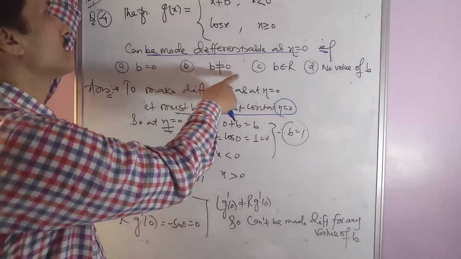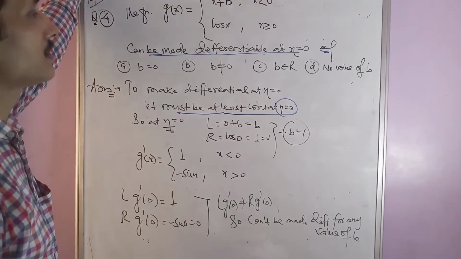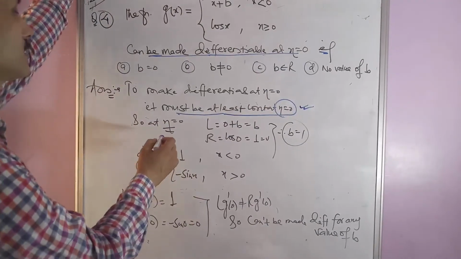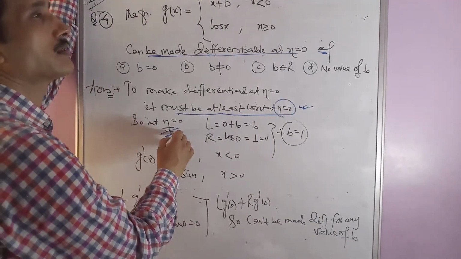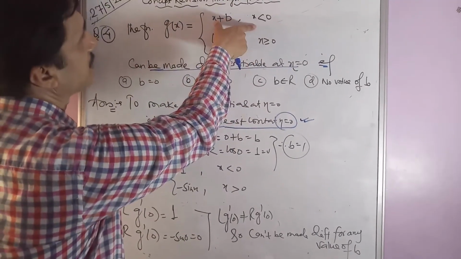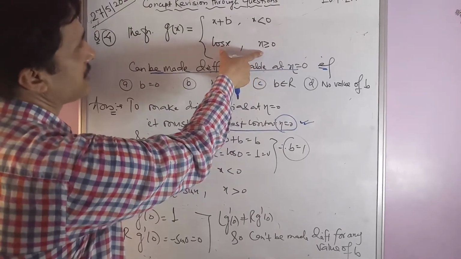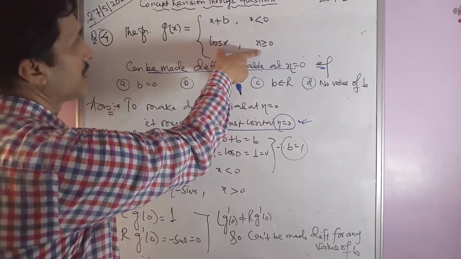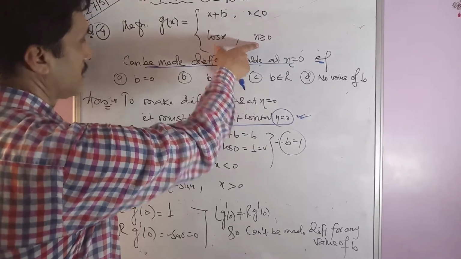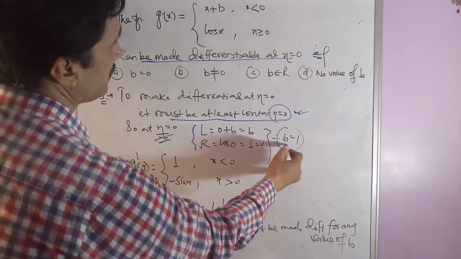So we first use the condition of continuity at 0. Here the left hand limit at 0 is 0 plus b, that is b, the right hand limit at 0 is cos 0, that is 1, and the value at 0 is again 1. Here the left hand limit equals the right hand limit, so b equals 1.